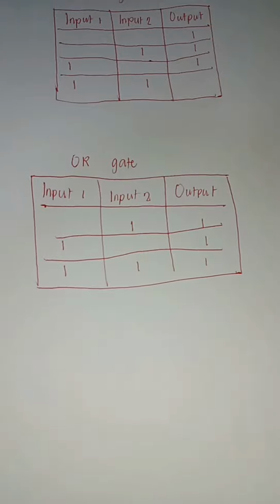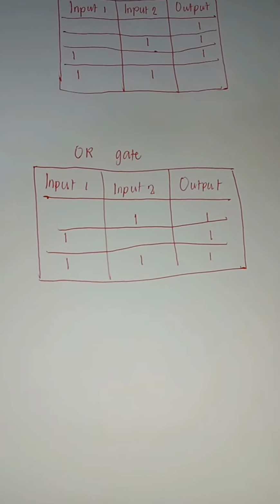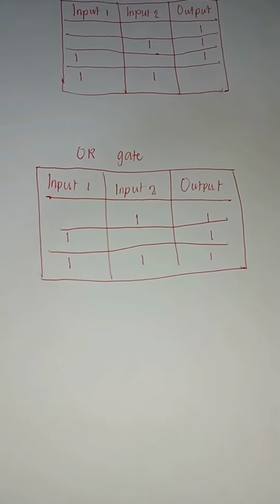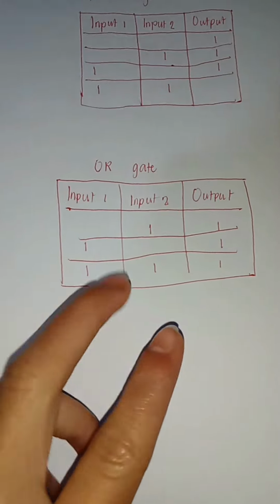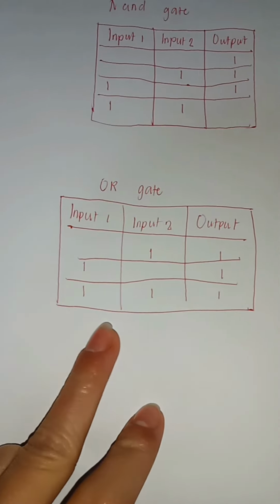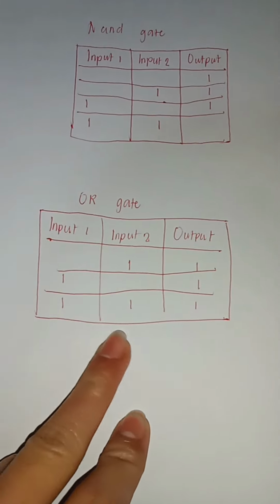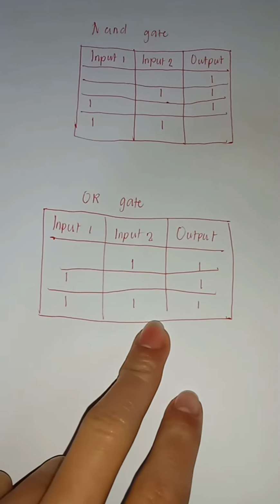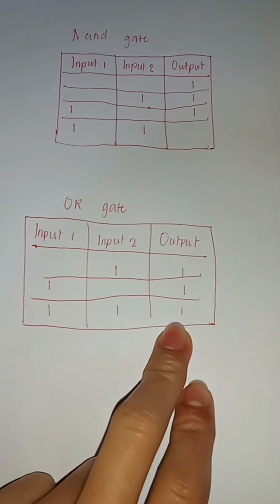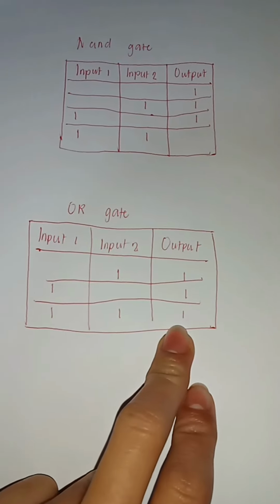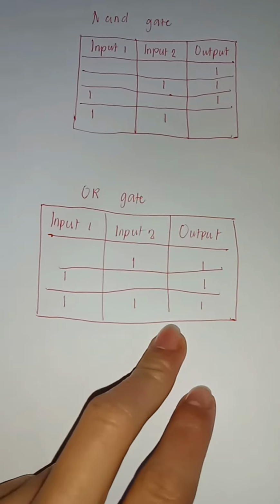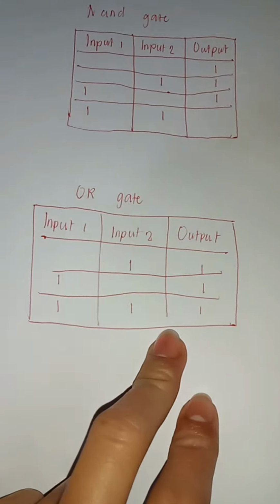The output is true if either or both of the inputs are true. If both inputs are false, the output is false. In other words, for the output to be 1, at least input 1 or 2 must be 1.